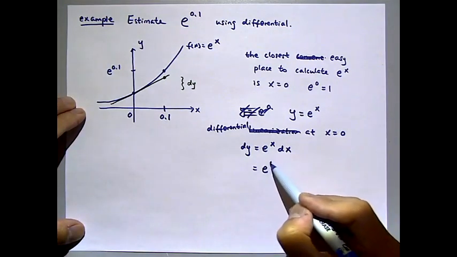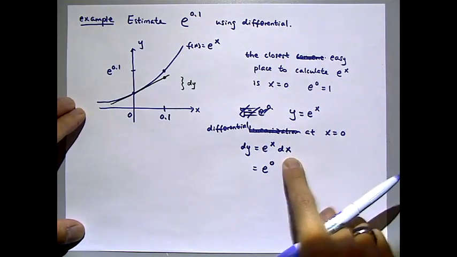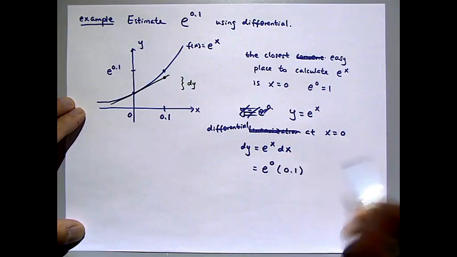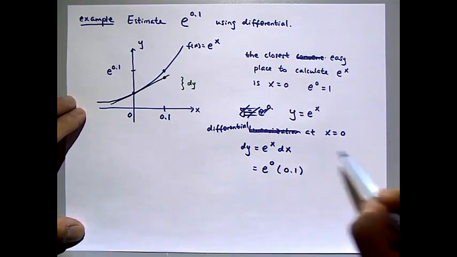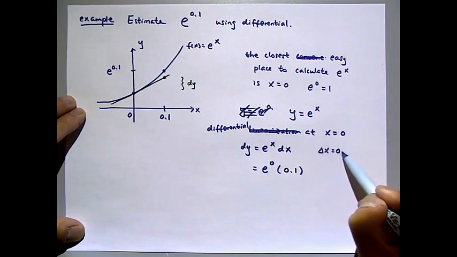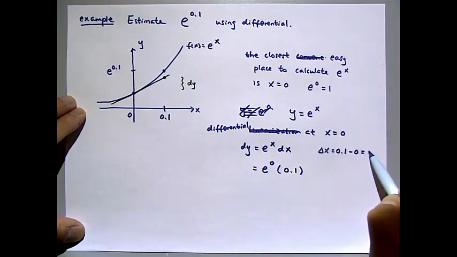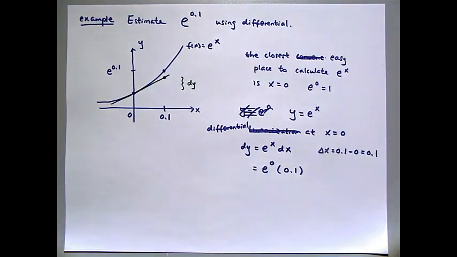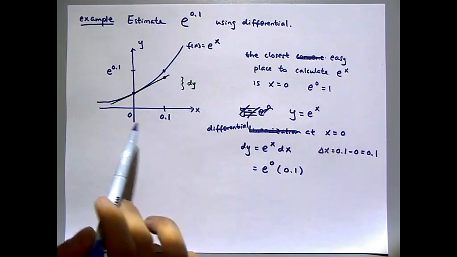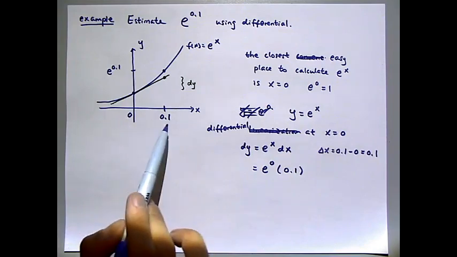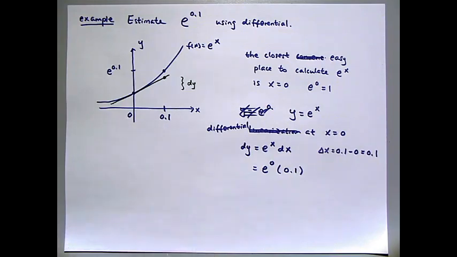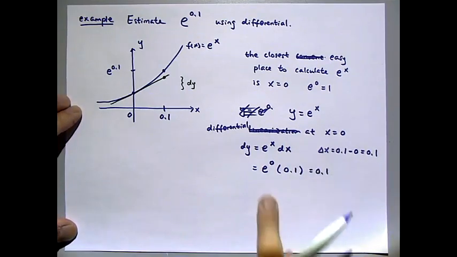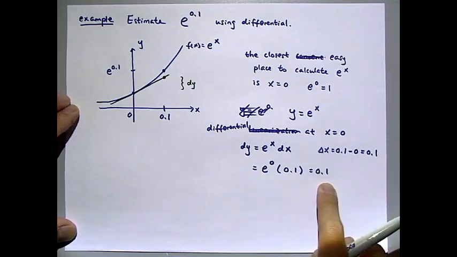E to the 0. I would like to go to 0.1. So delta x is equal to 0.1 minus 0 equal to 0.1. So what we're saying here is by making a small change to x from 0 to 0.1, what kind of change are we making to y? Well, it's 0.1, right? That's a 1. That's 0.1.